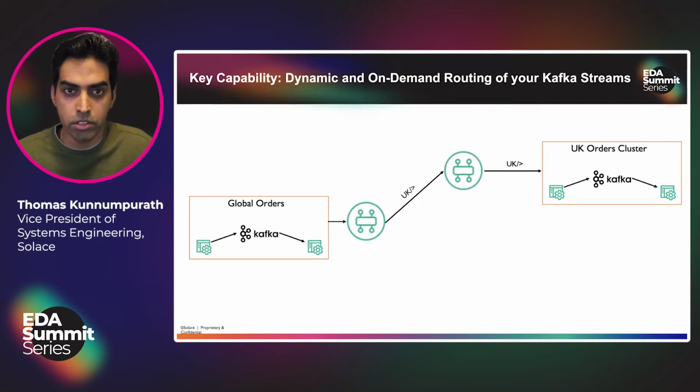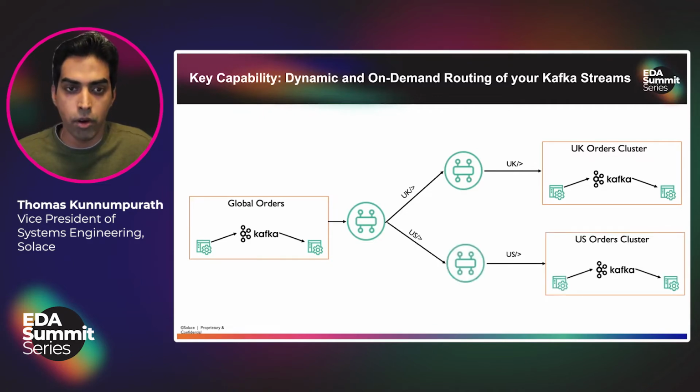All you have to do in this instance is obviously spin up your Kafka infrastructure, express that topic subscription as UK/greater than, and on demand, your records will flow from your global orders cluster to your UK orders cluster. Likewise, if I wanted to spin up a US orders cluster, I express a similar topic subscription, only this time with US/greater than, and all records from the global orders cluster that originate from the US will flow to the US orders cluster.